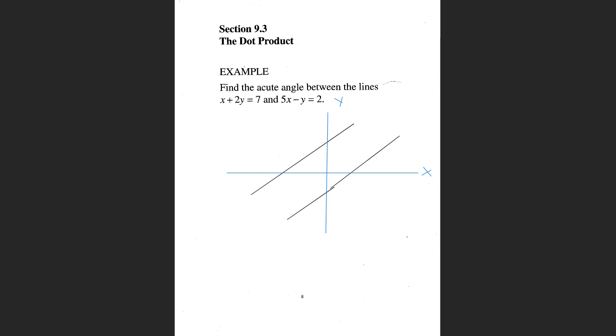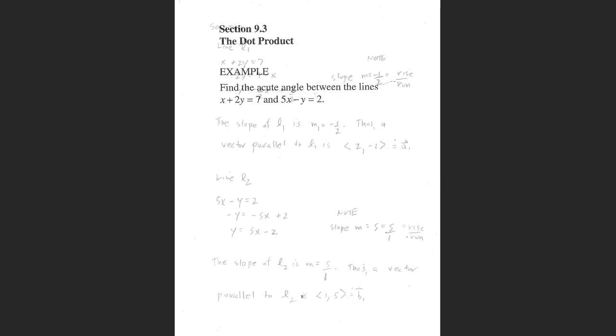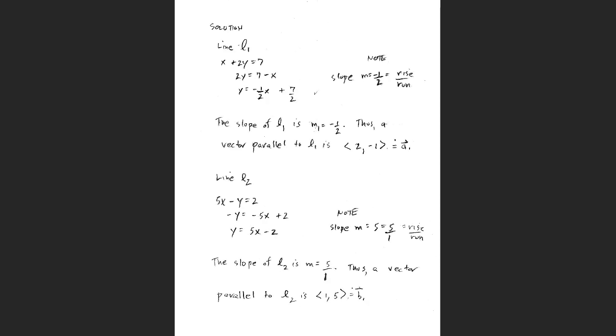So what we need to do is find the slopes of the two lines. So let's go to the solution here. Line L1 is this line here, x plus 2y equals 7.